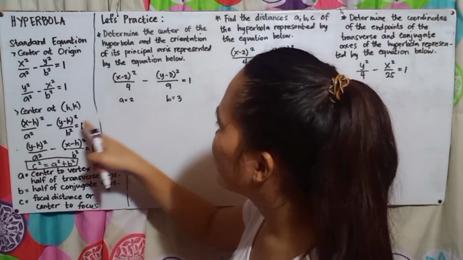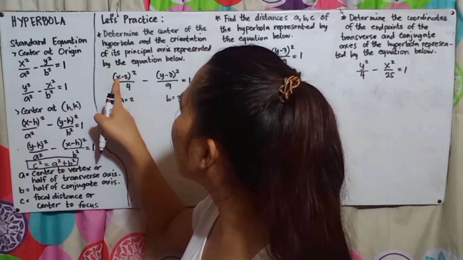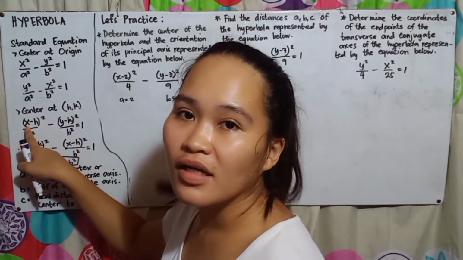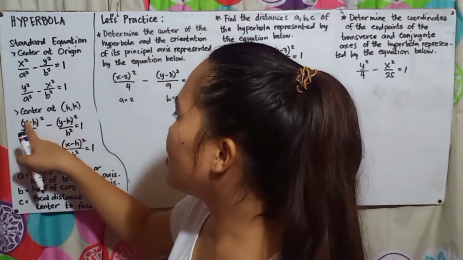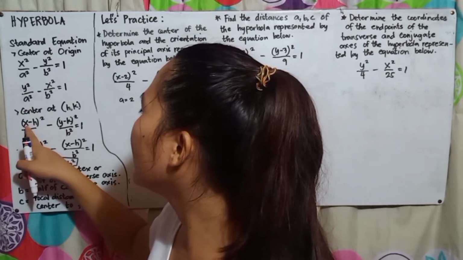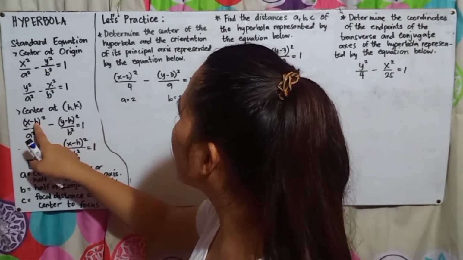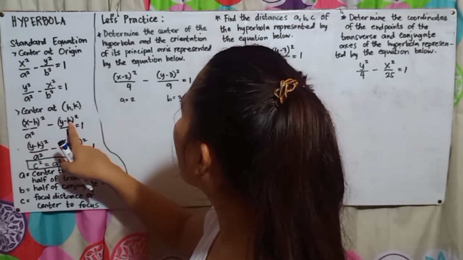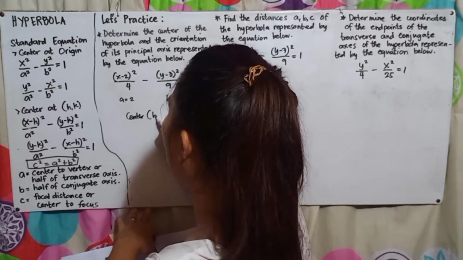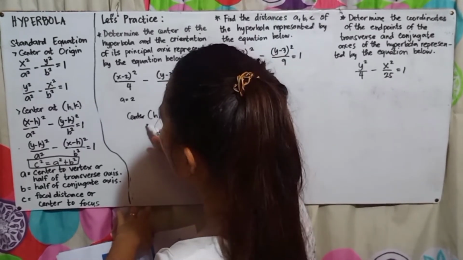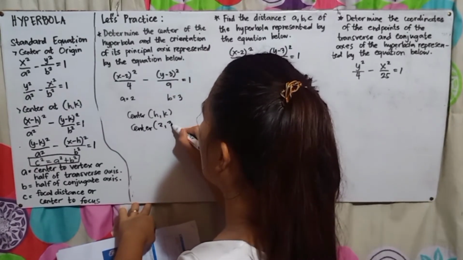Then h and k. Since x comes first, the principal axis is horizontal. So h is 2 and k is 3. The center is in the form (h, k), so the center is (2, 3).